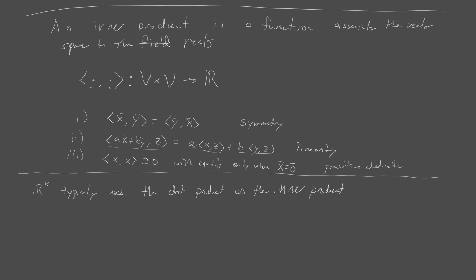And the dot product says if I take the vectors x and y and I dot them together, I add up x_i times y_i from i equals 1 to n, and that result is my dot product. This is sometimes written as x dotted with y, right? But the angle brackets are also very common notation.